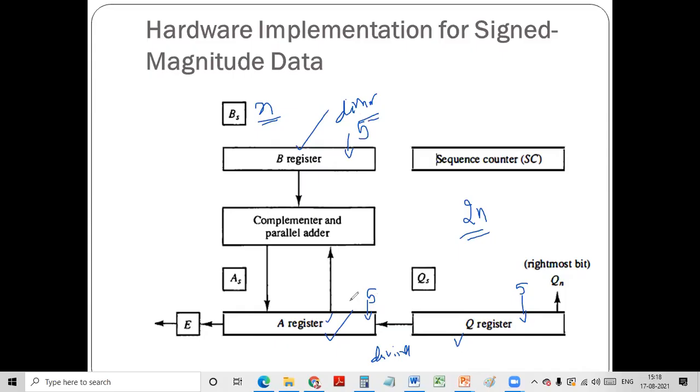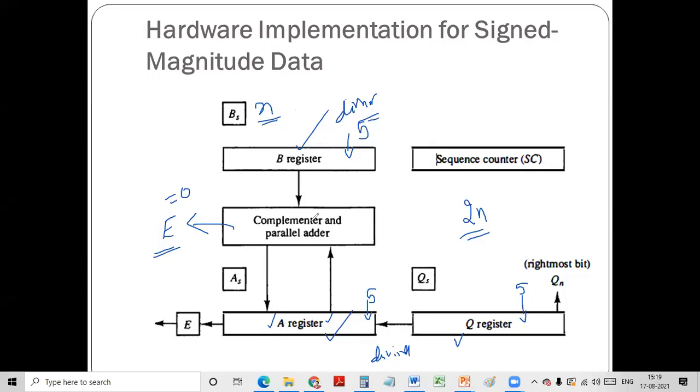Right. So here the most significant 5 bits of the dividend in the A register and the B register perform the subtraction. After performing the subtraction, if the end carry E is 0, it means my dividend is lesser than B. So what should I do?